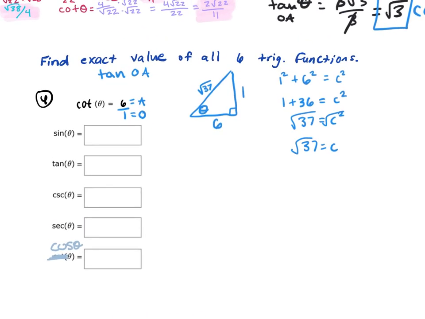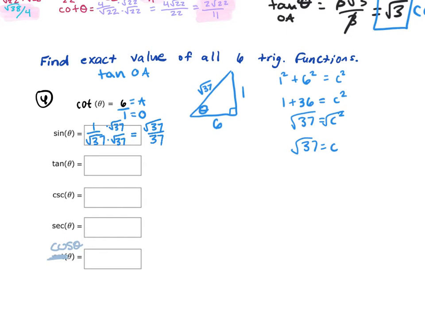All right, now let's find the sine of theta. So what would our sine be? 1 over square root 37. Perfect. Got to multiply the top and the bottom by square root 37. So we get square root 37 over 37.